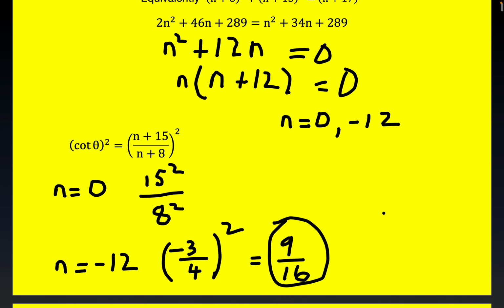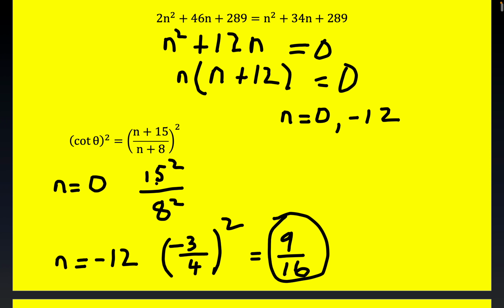And this is a much bigger number. What is this? This is 225 over 64, right? 225 divided by 64. And the problem did call for the minimum value of cotangent. So that would be this 9 over 16 right here.